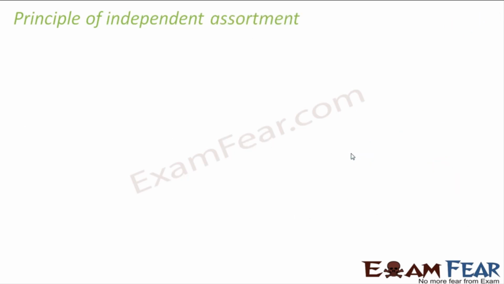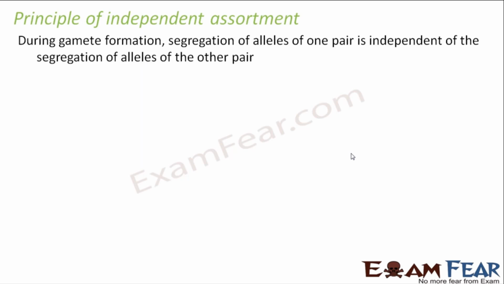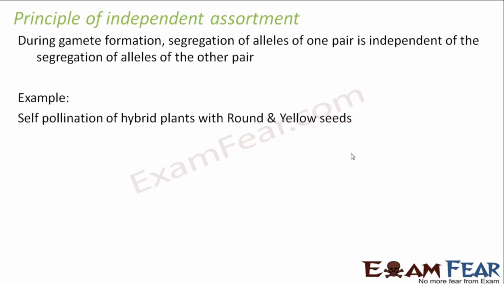So let us now look at the principle of independent assortment. This says that during gamete formation, segregation of alleles of one pair is independent of the segregation of alleles of the other pair. So for this, let us take the example of the dihybrid cross. So in the dihybrid cross, what did Mendel do?